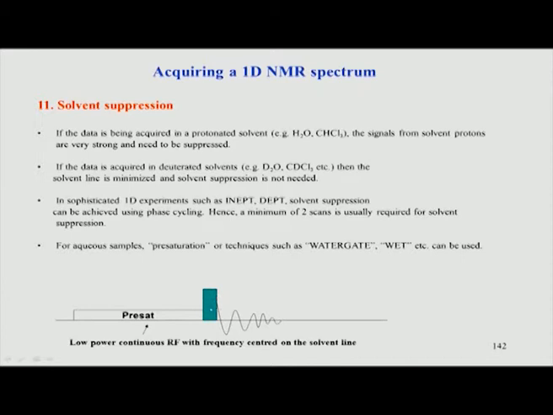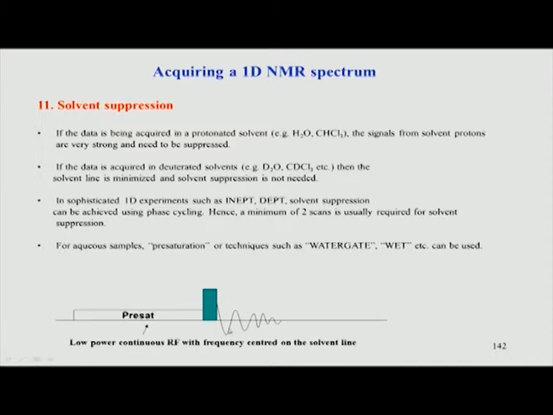Then you apply a 90-degree pulse in general for all atoms, all nuclei, all spins in that molecule. So, what will happen when you record this signal here, there will be no contribution to the FID from the solvent, because the solvent has already been eliminated from the spectrum by irradiating.